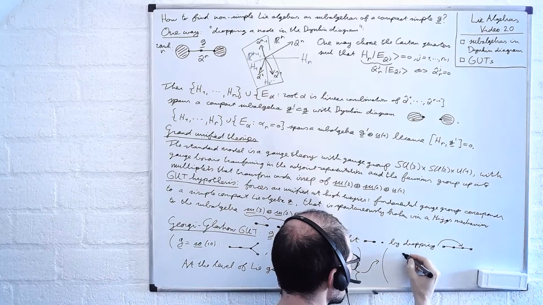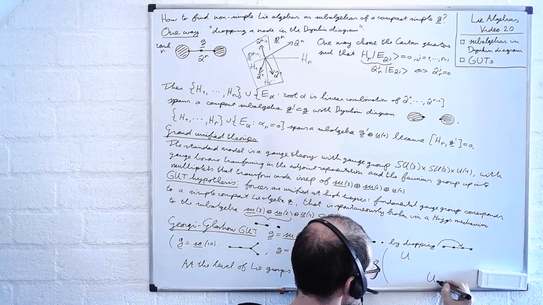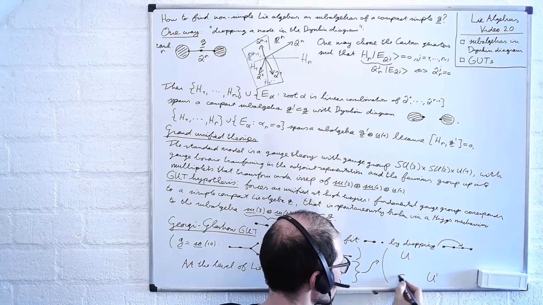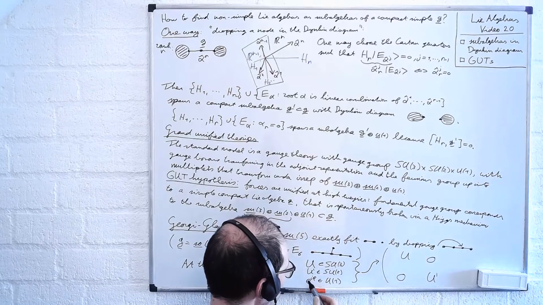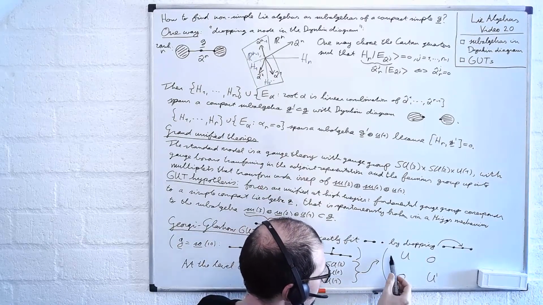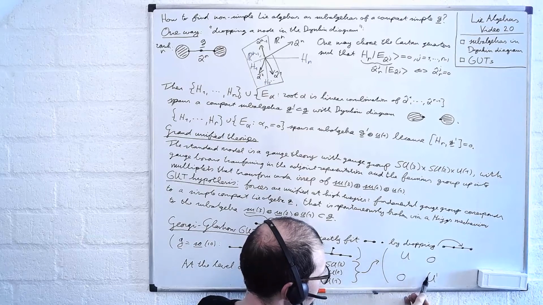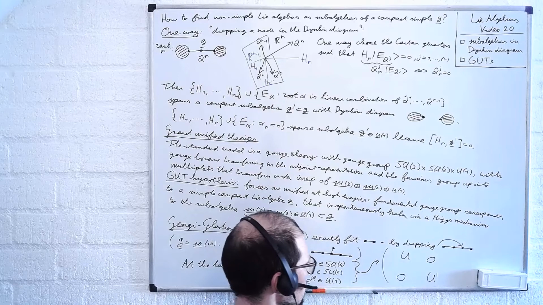I just put a U in the top left corner and a U prime in the bottom right corner. And then where can I put the phase? Well, I want the determinant to stay equal to 1.